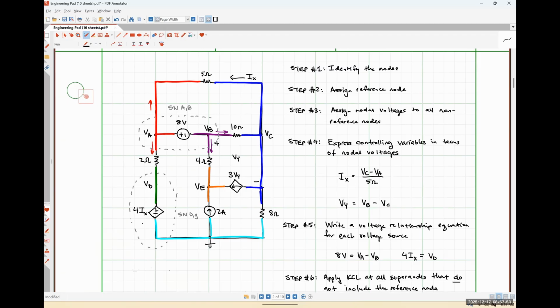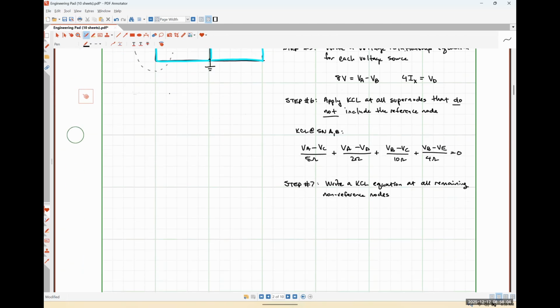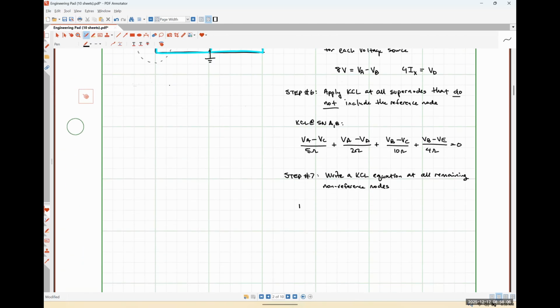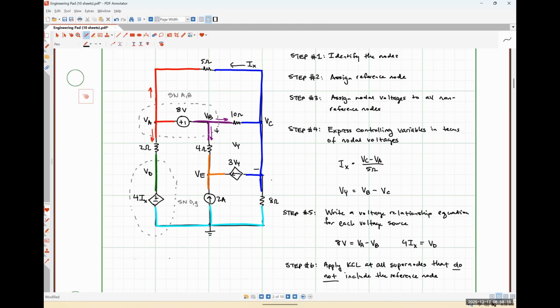Supernode DG will not get a KCL equation because it is a supernode that contains ground. So we move along from that one. So we just have KCL at node C and KCL at node E to write. So at node C, we're going to have this current, this current, this current, and this current.